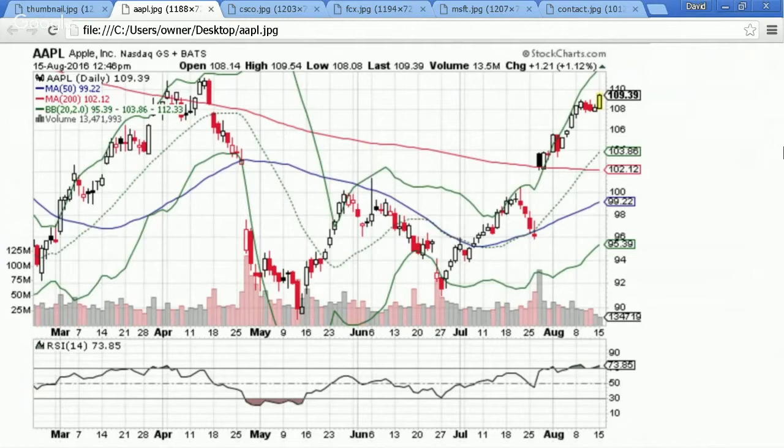Here's the Apple chart for today. I just want to give you some examples of how these indicators don't always work. Sometimes you just have to, I don't want to say ignore them. You can take them into account and make them part of your decision-making process, but they shouldn't override what your eyes see and your common sense.